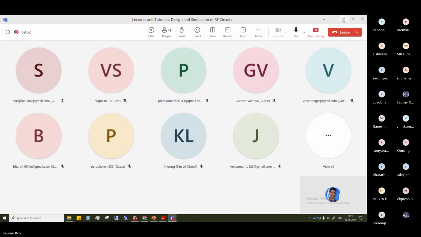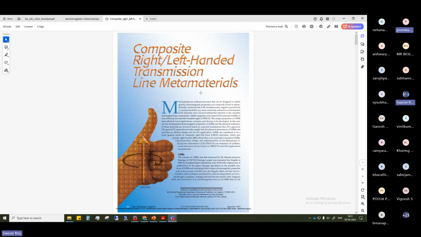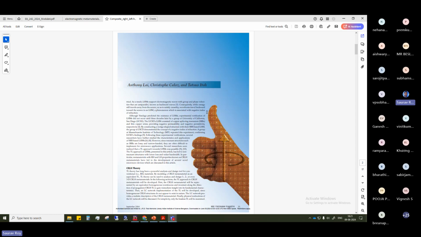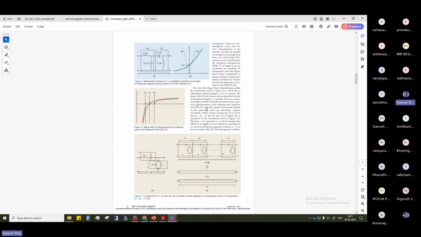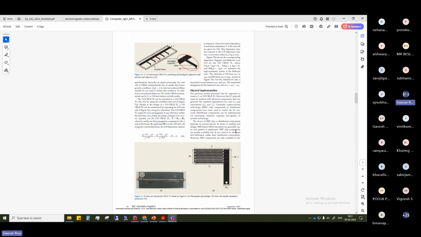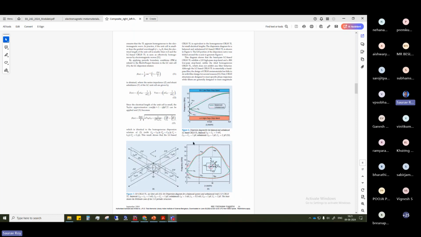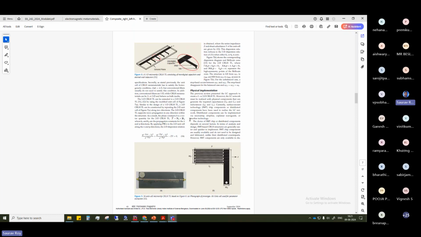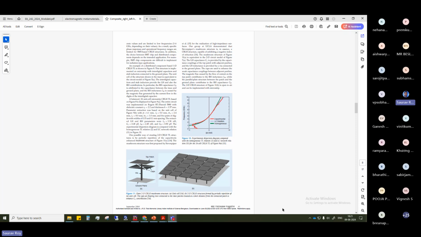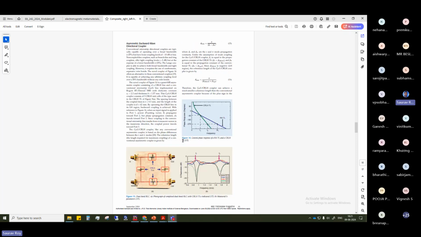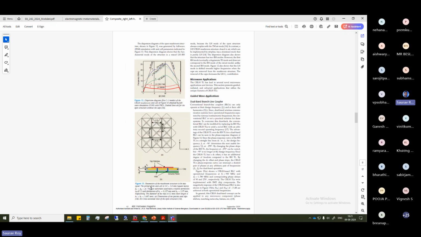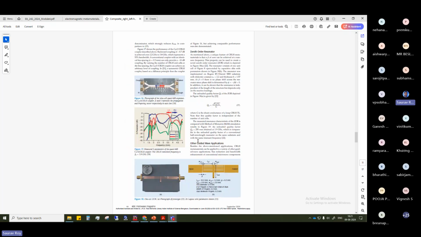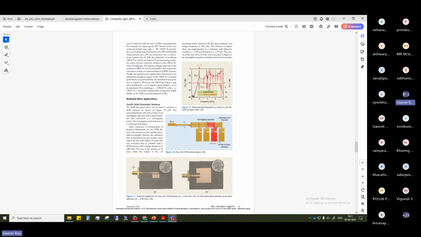Coming back to this paper, it gives you a very comprehensive review, and you can look into this if you are very interested. They not only show a 1D design, even a 2D design is shown here. I will not go into all of these details. This is a branch line coupler design, and this is a power divider design, as well as an antenna design.